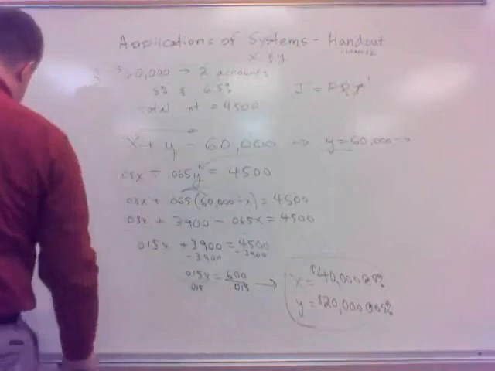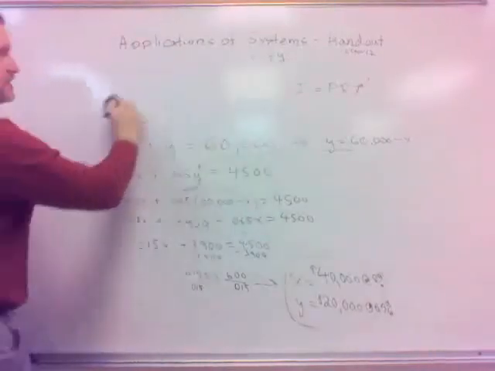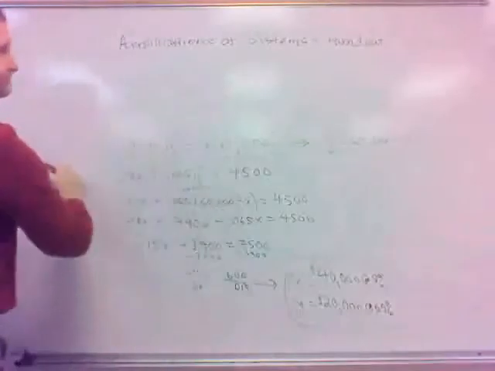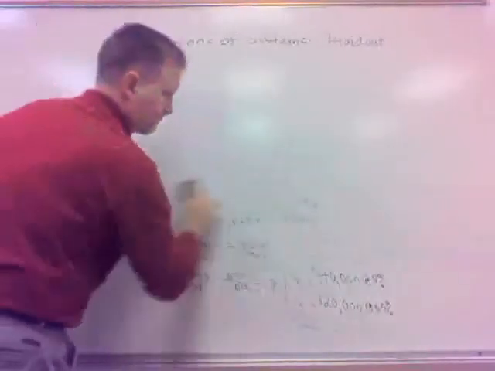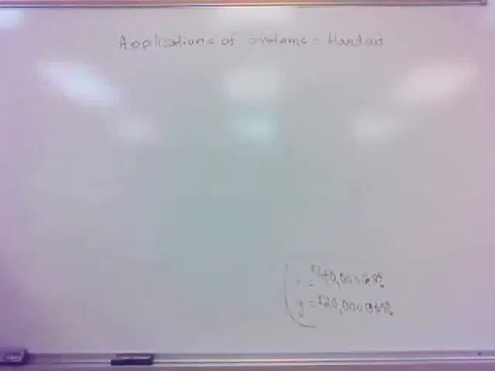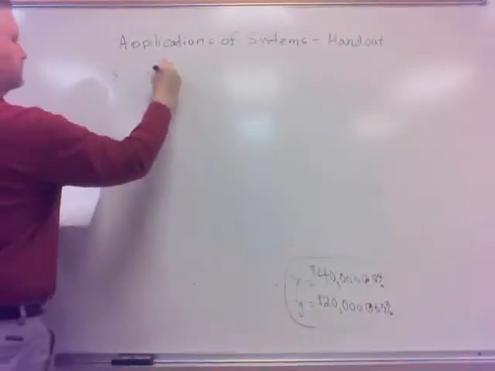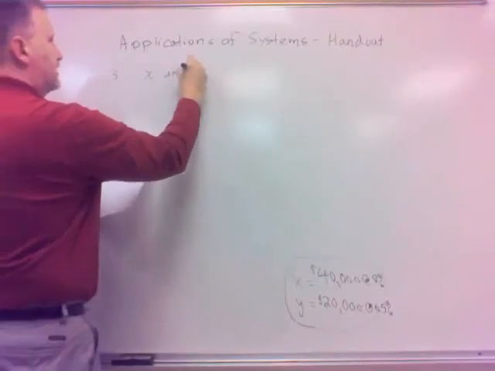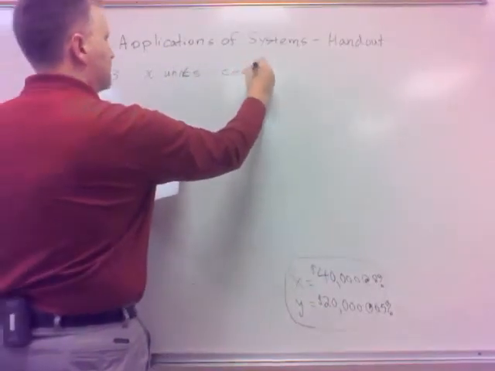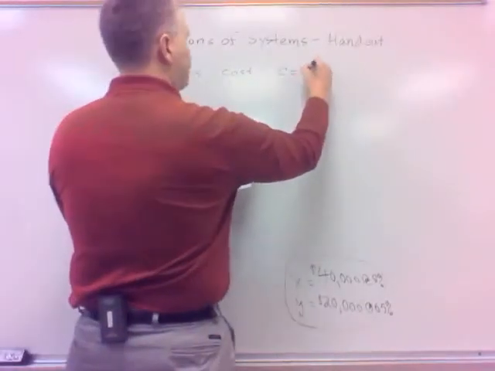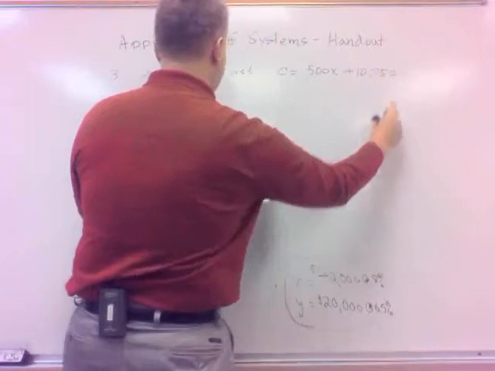All right, number 3. On the back side of the handout there. Cost of producing X units. So X units cost C equals 500X plus 10,750.